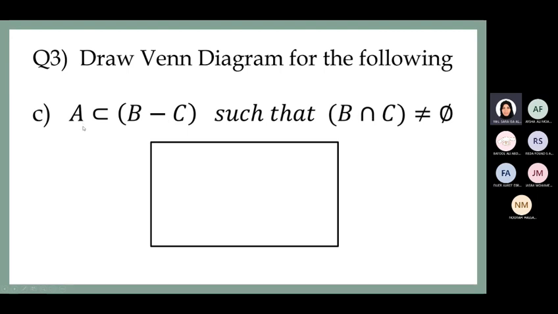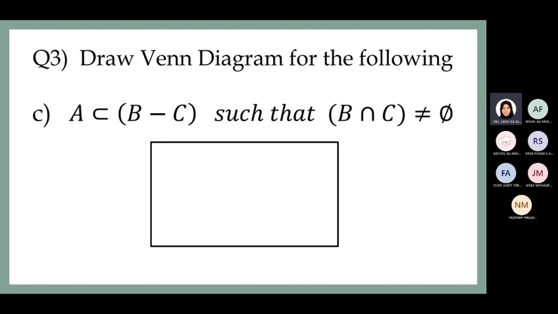So here they said A proper subset of B minus C. Proper subset is different from subset. Subset, when it has equal under it, means it could be inside or maybe they are equal. But proper subset means there is no chance for equality.